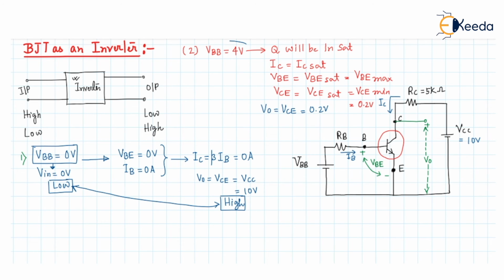So we have applied a high voltage at the input and we have got a low voltage at the output for this case. So in this way, the transistor can be operated as an inverter element in the circuit. Thank you.